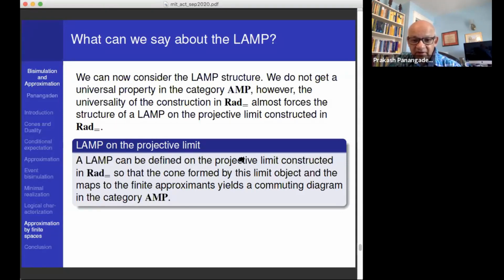So a LAMP can be defined on the projective limit, so that the cone formed by this limit object and the maps to the finite approximants actually yields a commuting diagram in the category AMP. So we're this close to actually constructing the projective limit in AMP itself. And I think this thing is that, but maybe it requires more high-powered analysis tools than we've used. We've tried a number of things like martingale convergence theorems and so on to prove that this is actually universal, but that's still open.